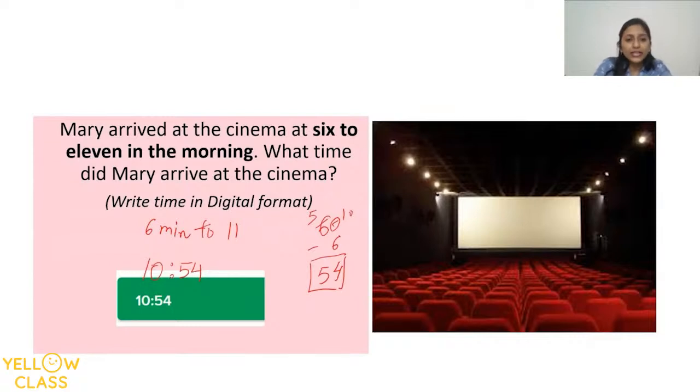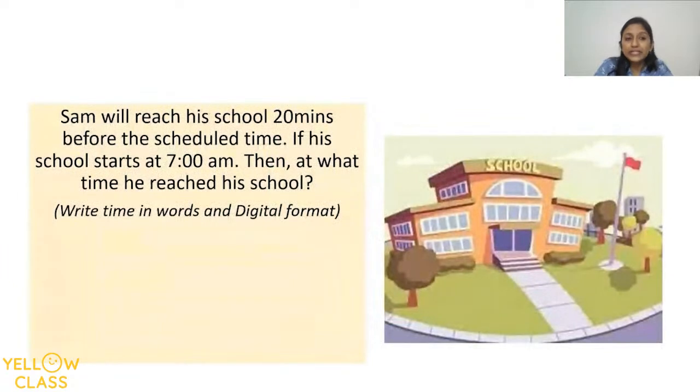Okay, let's see it again one by one. Let's read the question first. Sam will reach his school 20 minutes before the scheduled time. If his school starts at 7 a.m., then at what time did he reach the school? Okay.